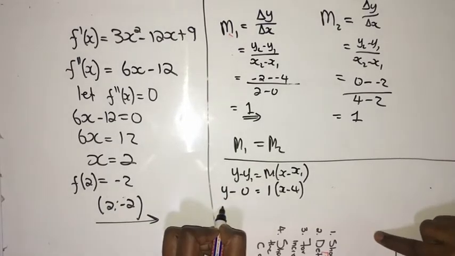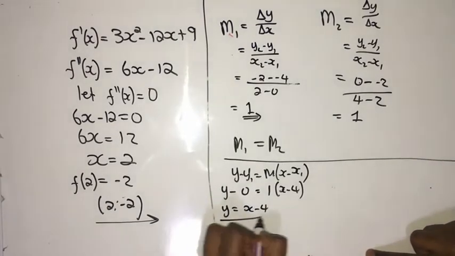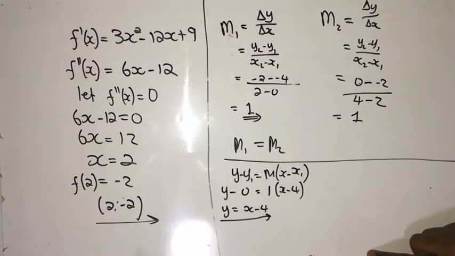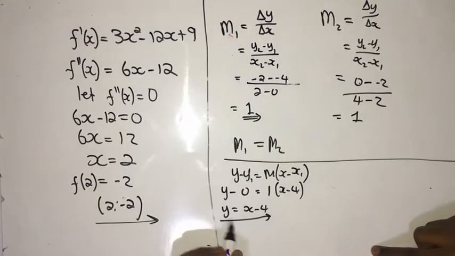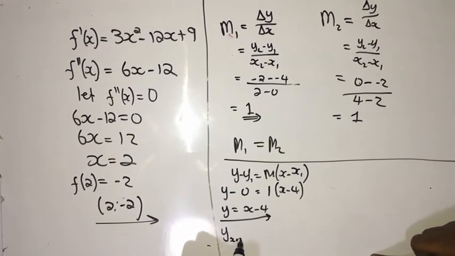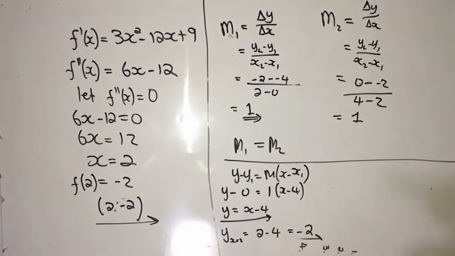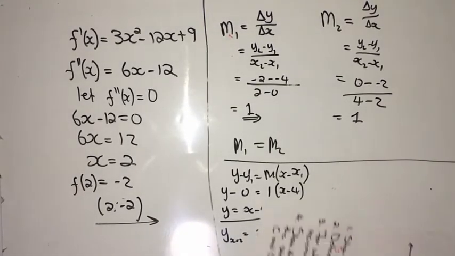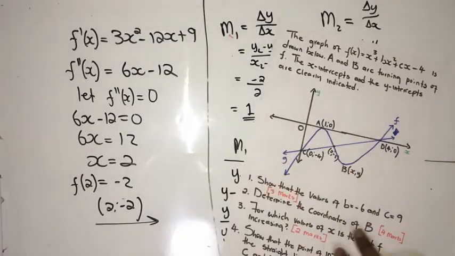So now we have y is equivalent to x minus 4. That's the equation of the straight line. If I put x equals 2 here, I must get minus 2. When x equals 2, it's 2 minus 4, which gives me minus 2. So these are the two ways of proving that this point lies on that function g, which is a straight line.